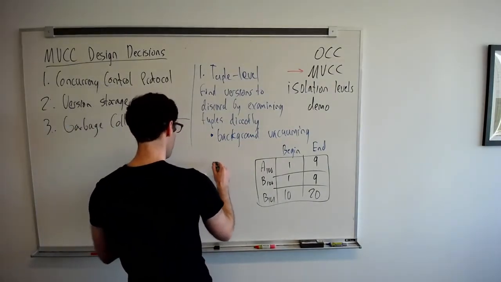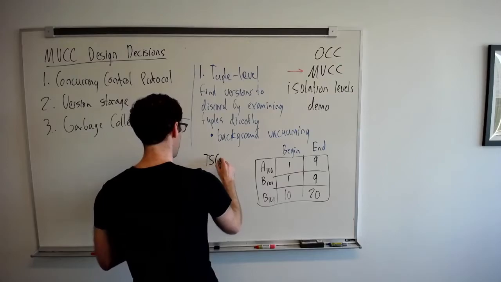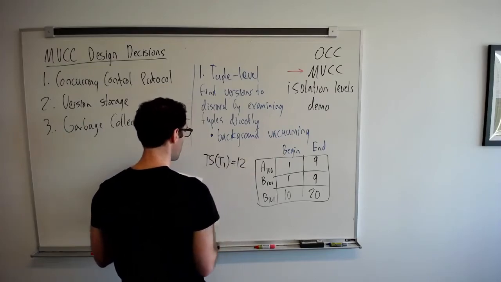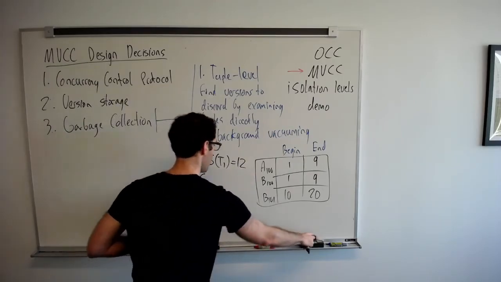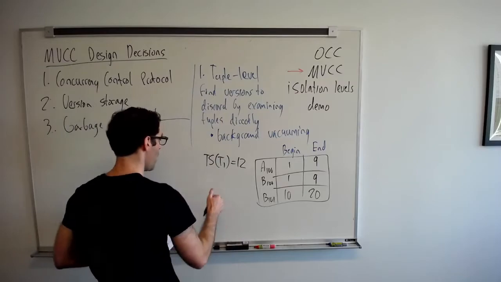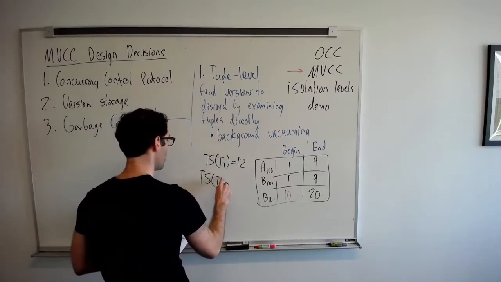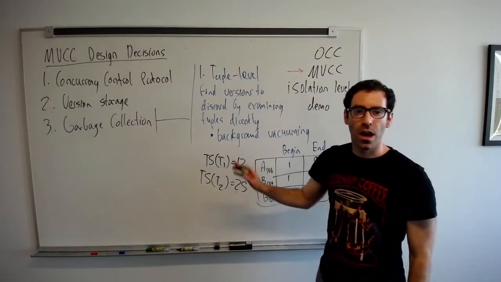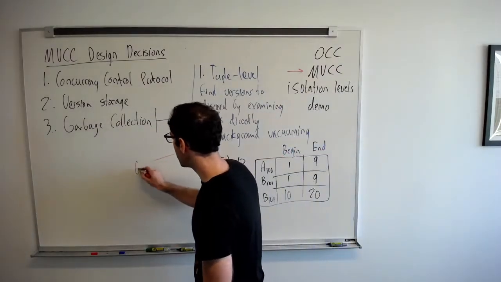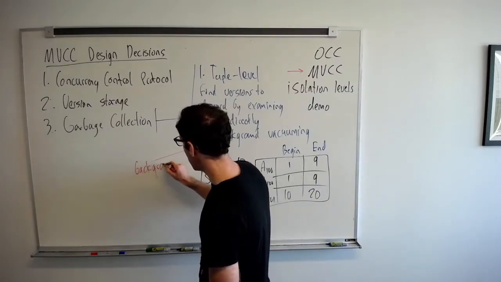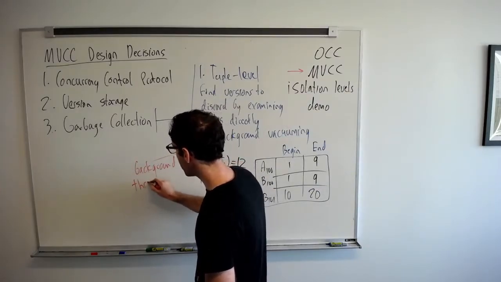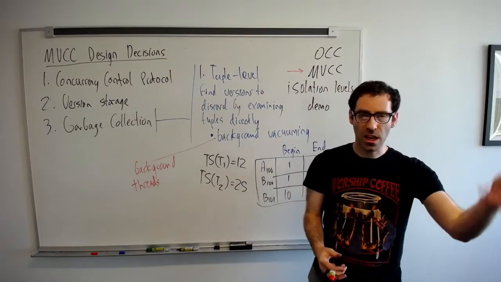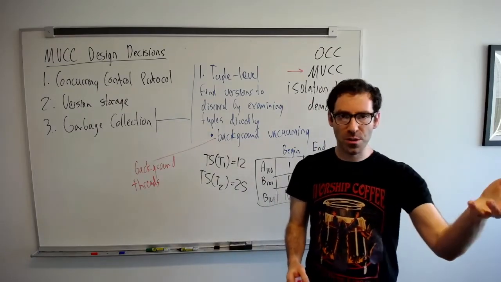We have transaction 1, which has a timestamp of 12, and some other transaction that has a timestamp of 25. And so this background vacuuming says we have background threads, which means we have threads sitting around that are being occasionally run in the background that are not part of a specific transaction.